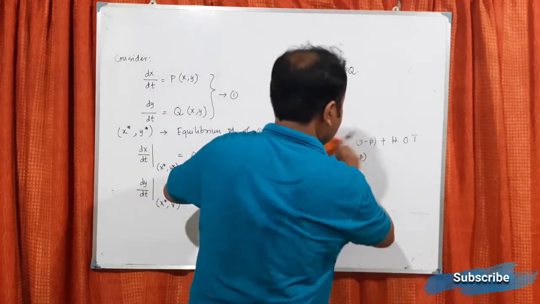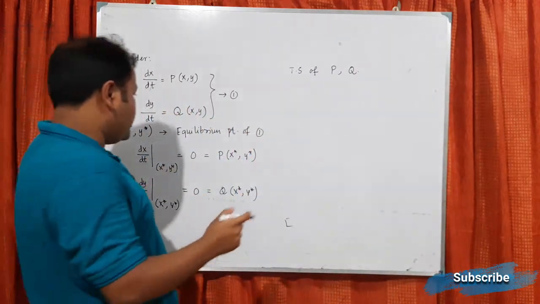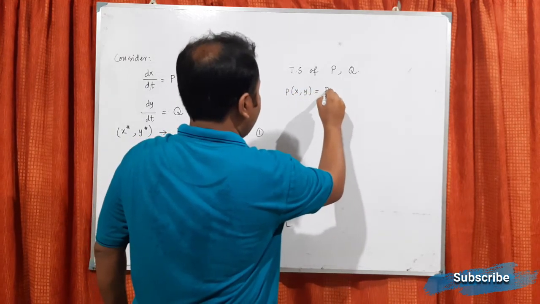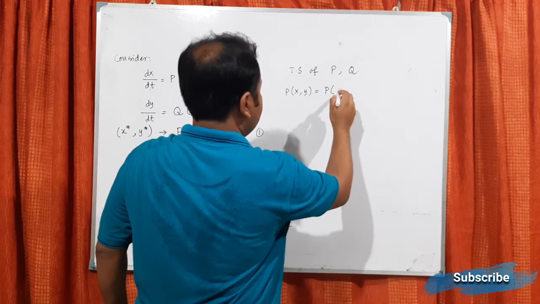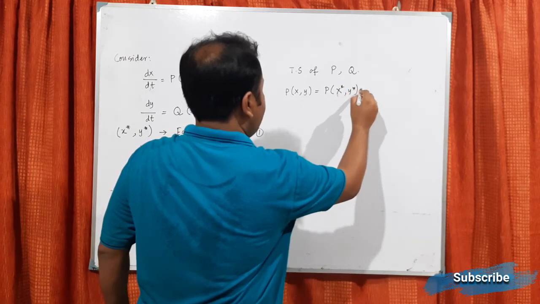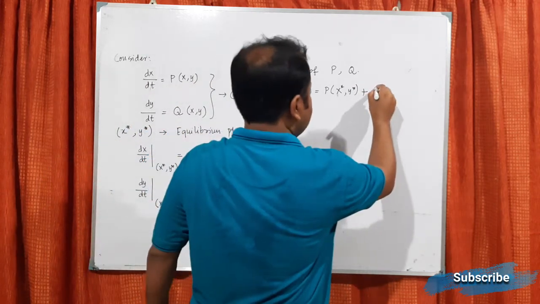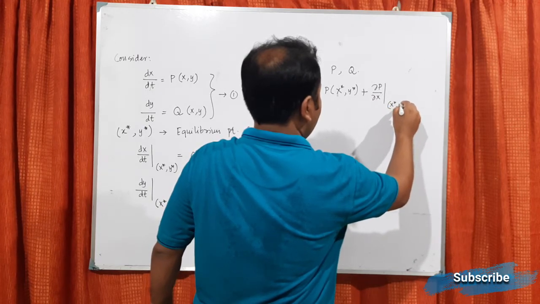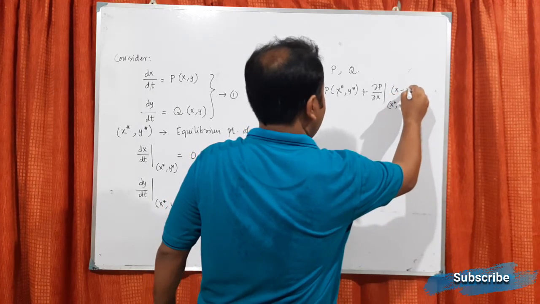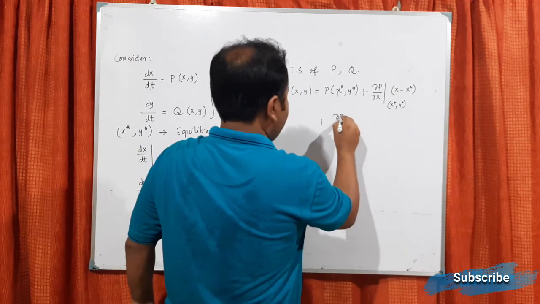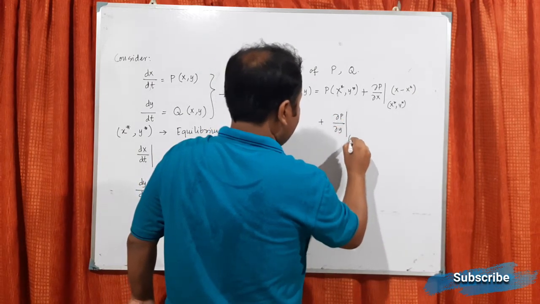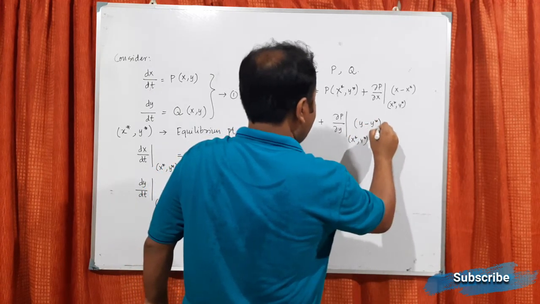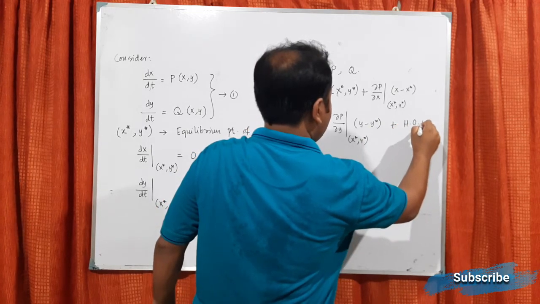So if I go for p, it should be p(x,y) equals p(x*, y*) plus ∂p/∂x at the point (x*, y*) into (x minus x*) plus ∂p/∂y at the point (x*, y*) into (y minus y*) plus higher order terms.